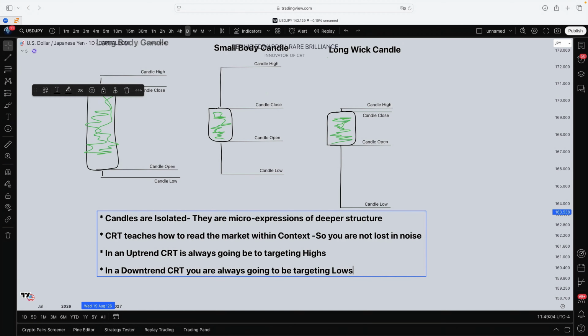The reason that you would be targeting highs at all times in the uptrend and lows at all times in the downtrend is because of this simple fact that many people seem to skip over: price flows toward liquidity. And CRT helps you see how that flow builds before it gets released.